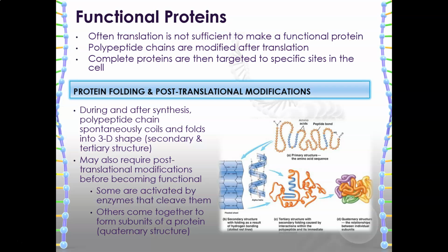Translation can use the genetic code, that messenger RNA code, and produce a polypeptide chain, but that functional protein doesn't have any sort of shape at that point. That polypeptide chain has to be folded into a three-dimensional configuration in order for it to actually do the job that it's meant to do in the cells.